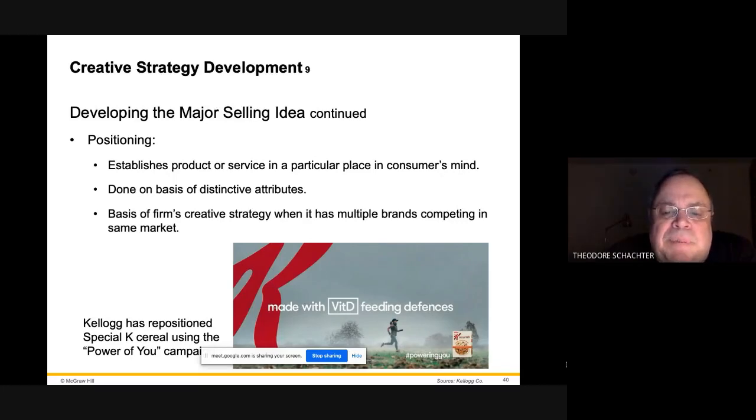So to go deeper into positioning, what the consumer's mind is convinced to believe about a product, that's the product positioning. And it's about attributes of the brand and the creative way in which those attributes are presented. So when people believe that a brand is inclusive, good for the world, whatever.